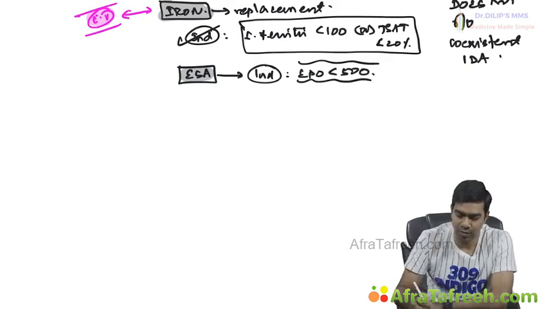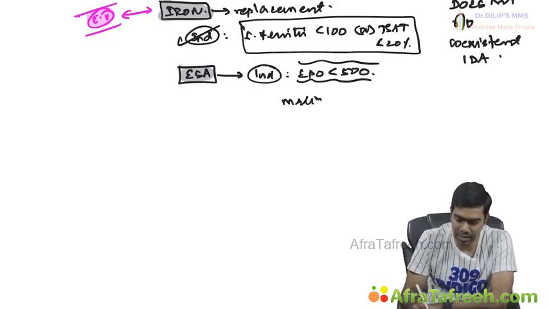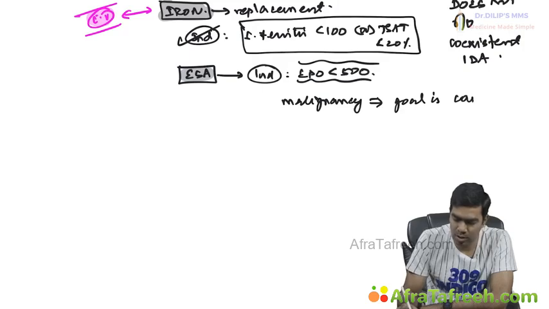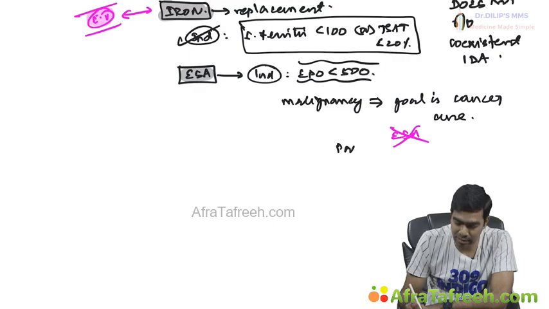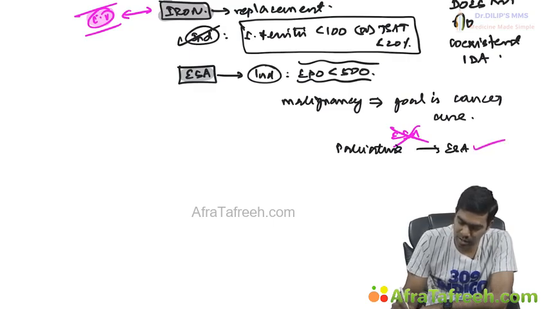That is, if your patient has a malignancy and if your goal is cancer cure, goal is curing the cancer, in this condition do not use ESAs. But if your goal is palliative, then you can give your erythroid stimulating agents.